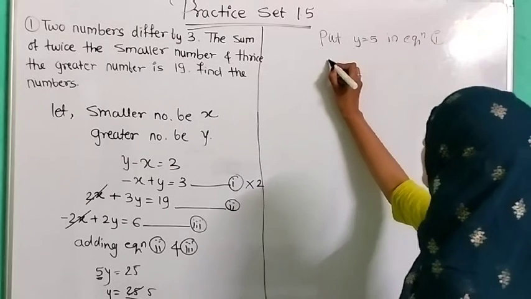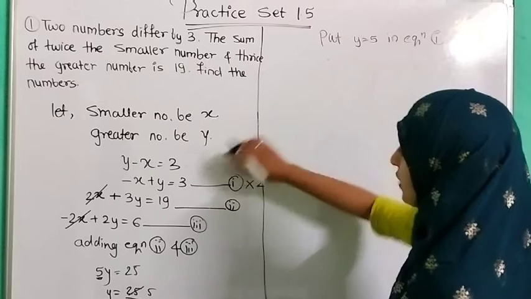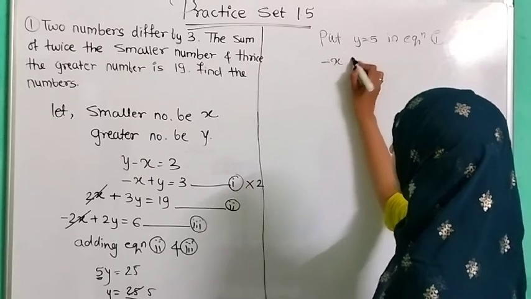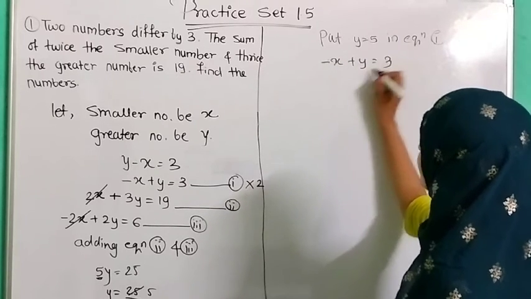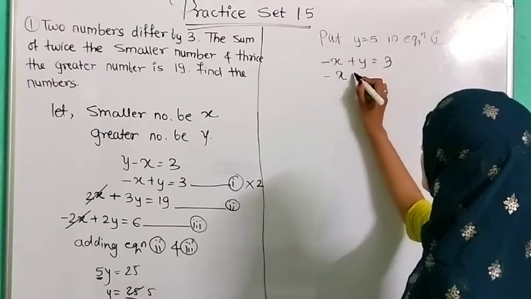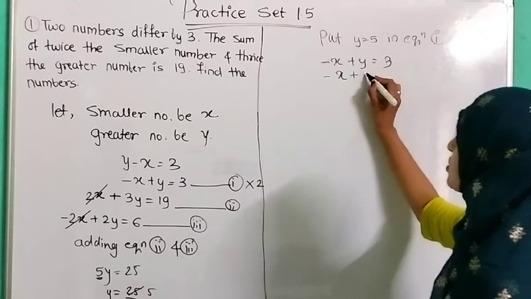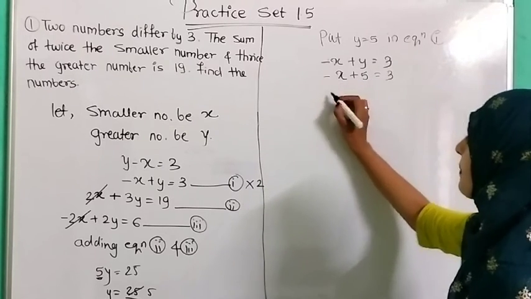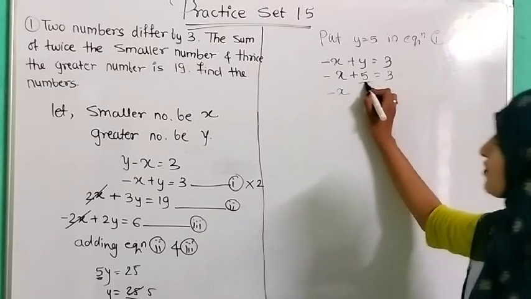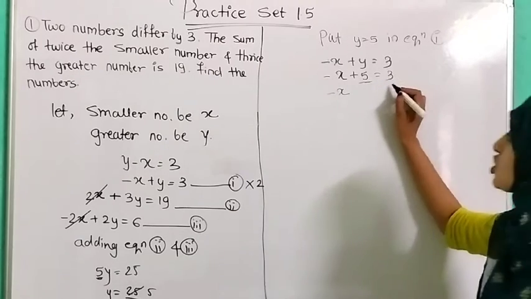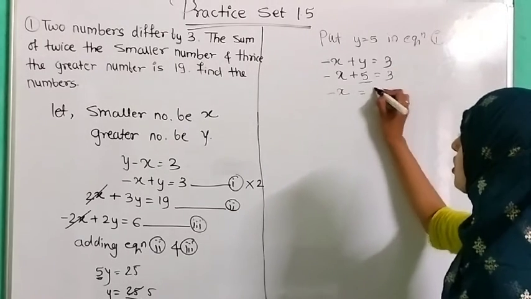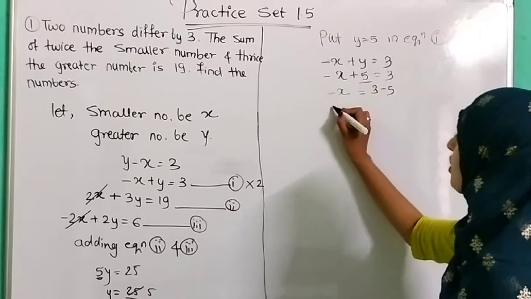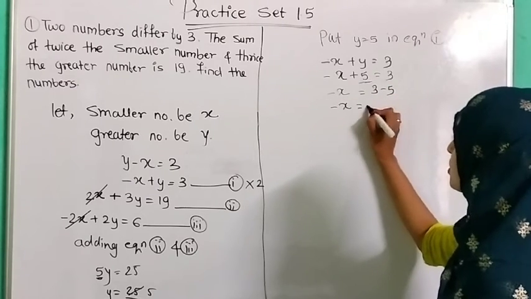Equation number 1 is minus x plus y is equal to 3. So minus x plus 5 is equal to 3. Or else minus x, and this 5, if we shift that, it becomes negative. So 3 minus 5, or minus x is equal to minus 2.